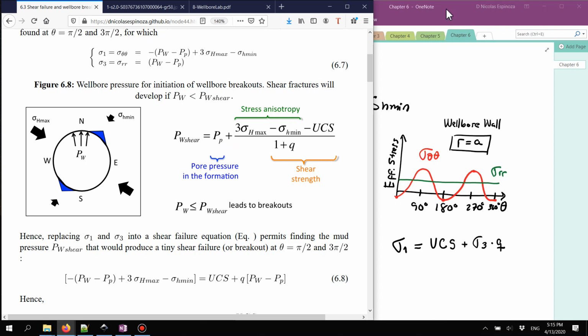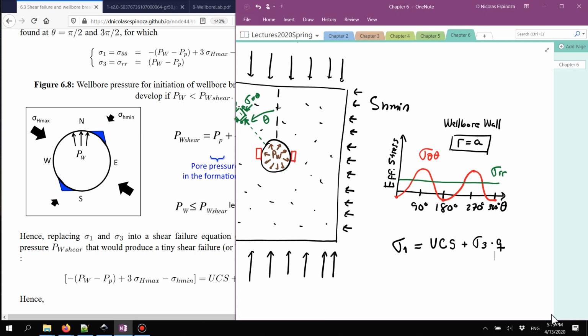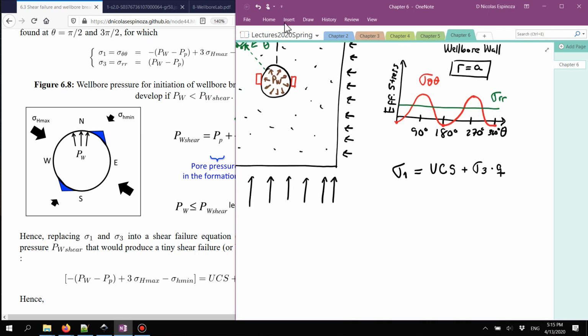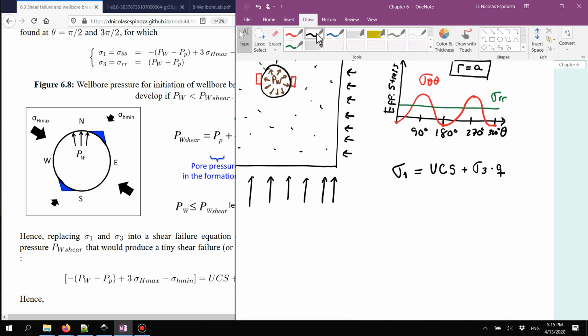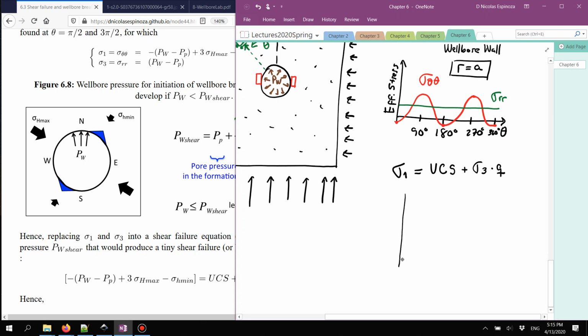shear failure. Let me make a small plot of this just to remind you how this shear failure happens.